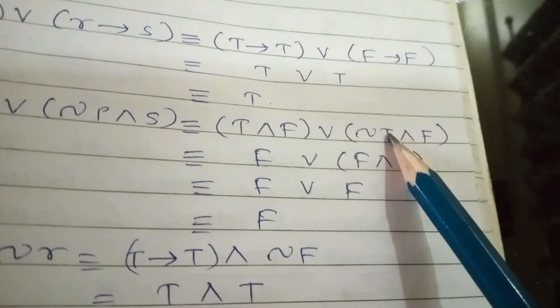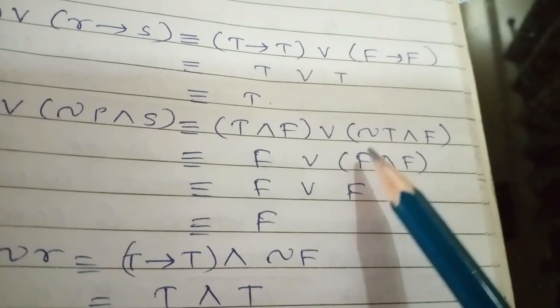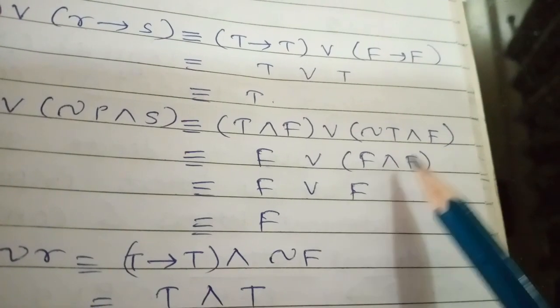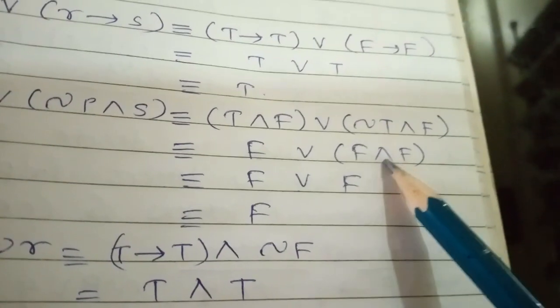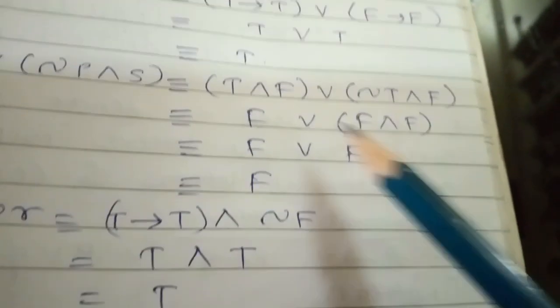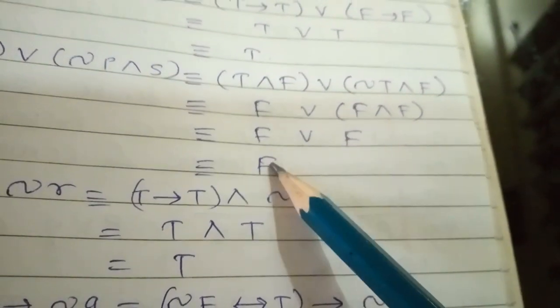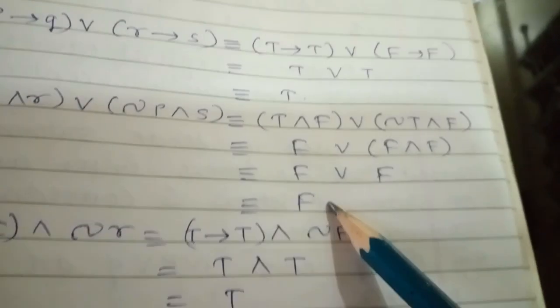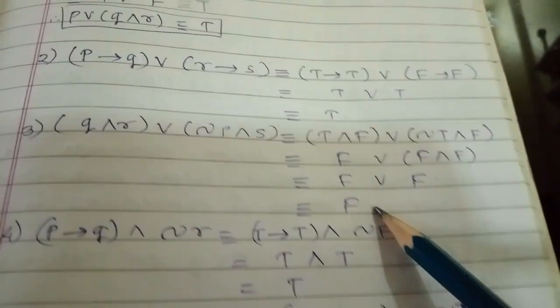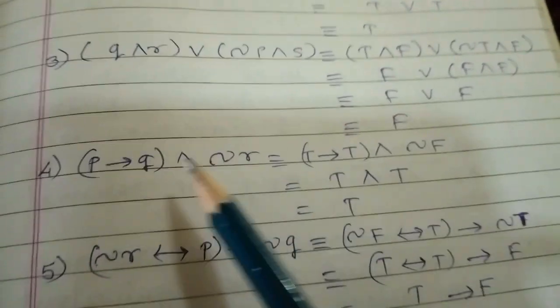Negation of T, negation of a true statement is false, and here conjunction false. So F disjunction, again F conjunction F is F, so F disjunction F is F. Every time you have to learn the truth tables, otherwise you can't solve this example.